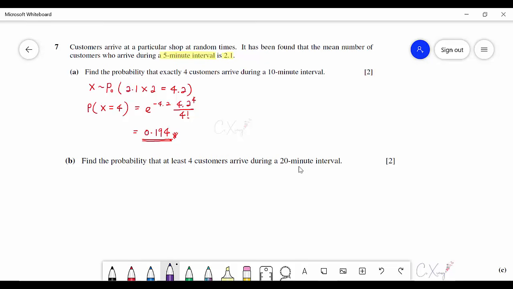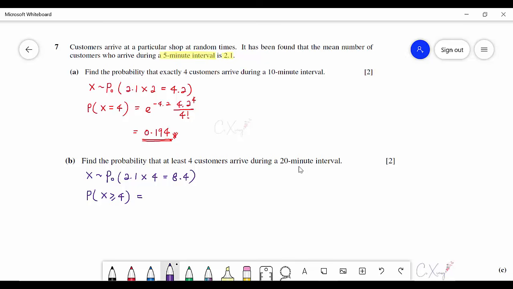So again, it still belongs to the Poisson distribution, but you need to adjust the mean. It should be 2.1 multiplied by 4, because a 20-minute interval is 4 times the 5-minute interval. So the new mean is 8.4. The probability they want us to calculate is x greater than or equal to 4.